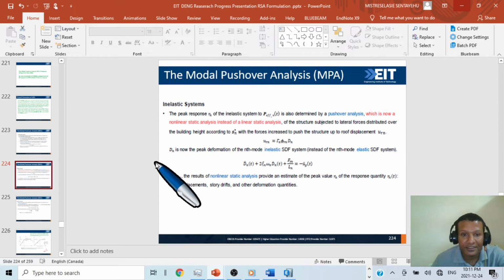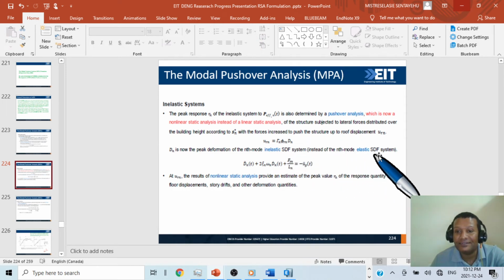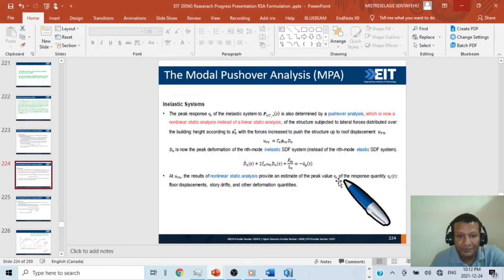Dn we found from the response spectrum once we know the time period of our structure. It is now the peak deformation of the nth mode in an inelastic single degree of freedom system instead of the elastic one. So we changed it into nonlinear. This is the governing equation. At URN, the result of nonlinear static analysis provides an estimate of the peak value Rn of the response quantity Rnt for displacement, story drift, and other deformation quantities.